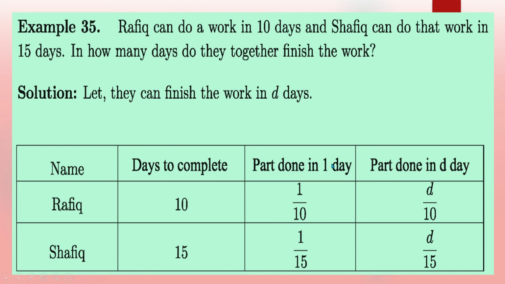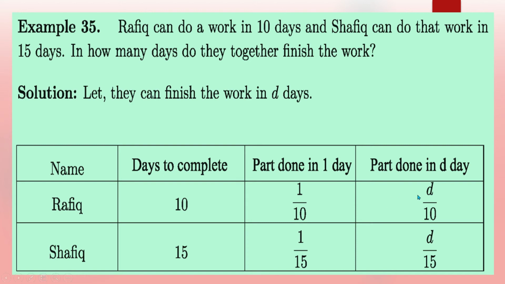Part of work in 1 day is 1 by 10, part done in D days is D by 10. Similarly for Shafiq, he can complete the work in 15 days. So in 1 day he can do 1 divided by 15 part of the work, and in D days he can do D divided by 15 part of the work.